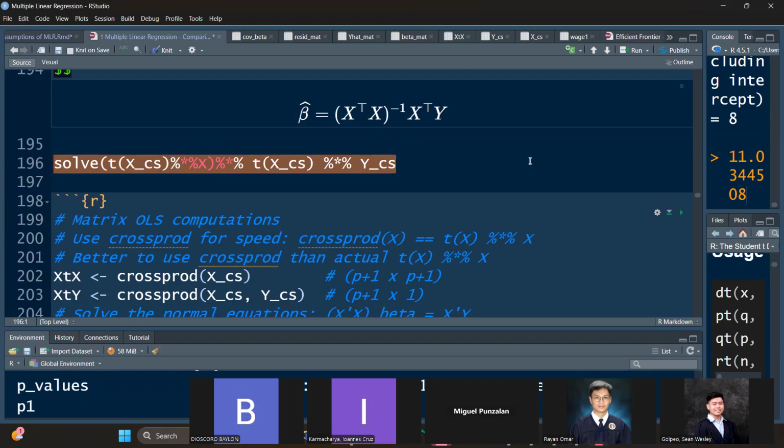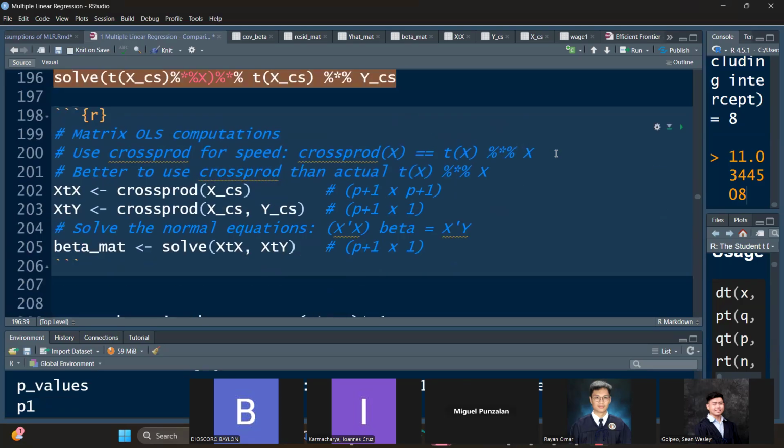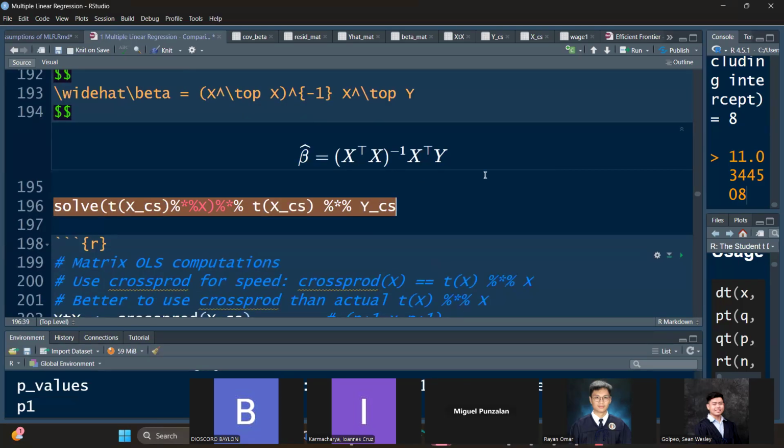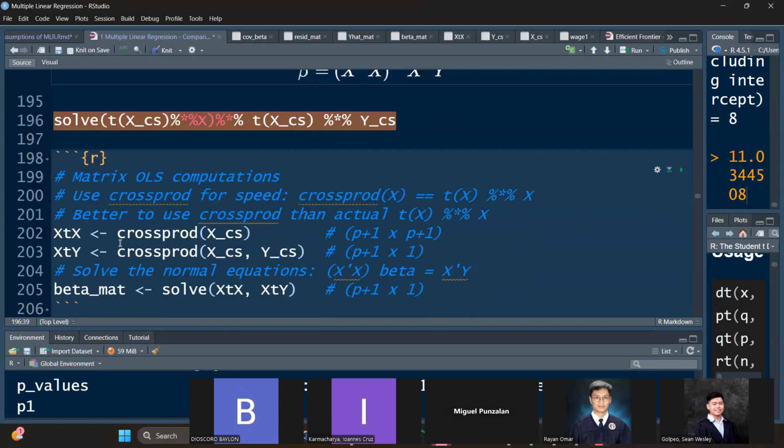Okay, but there's a shortcut for that, and there's a better way instead of using this complete function. And we learned that last time. Number one, we said cross product. With cross product, class, you can get the multiplication of a matrix with its transpose. This one, crossprod(X).